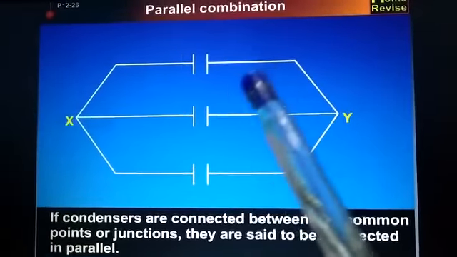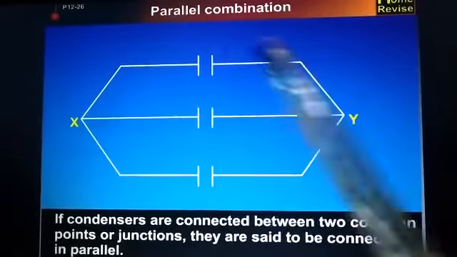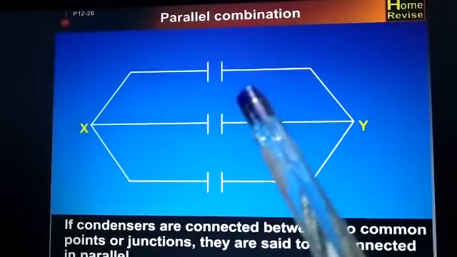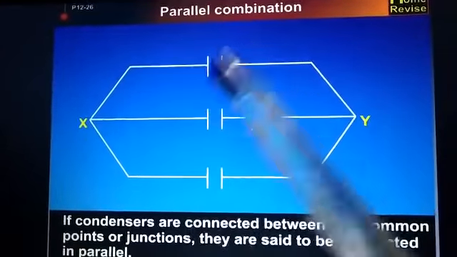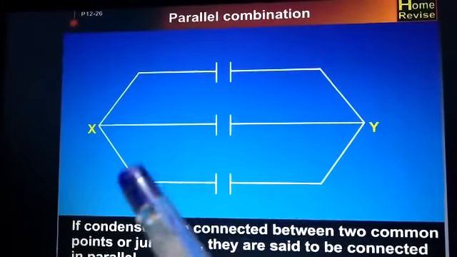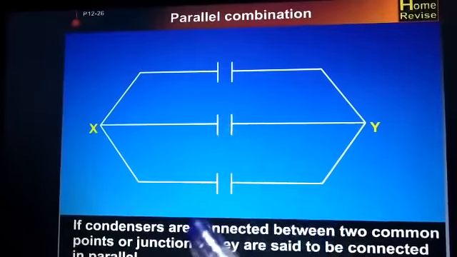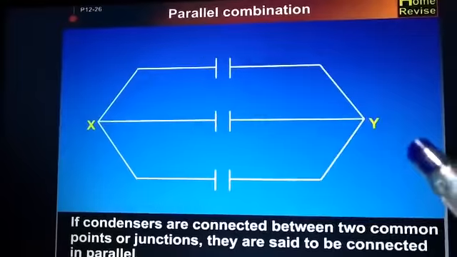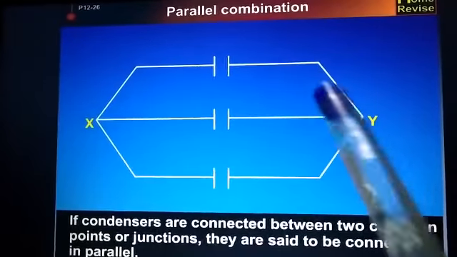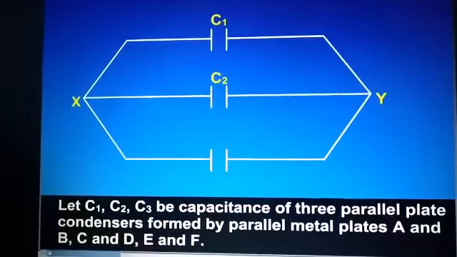Now our next combination of capacitors is parallel combination. Last point we saw series combination. Now parallel combination. In this combination, if the condensers are connected between two common points or junctions, they are said to be connected in parallel.